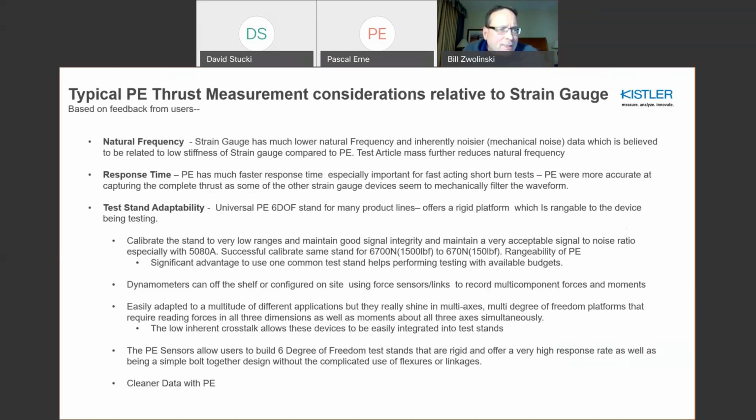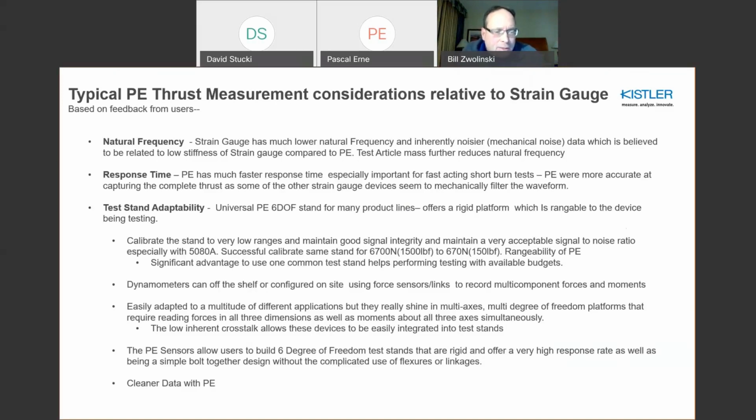And then obviously test stand adaptivity is really the other one, because piezoelectric is a rangeable system. You can configure it. One test stand can be configured for a multitude of test articles. So it can be calibrated for each range. We talked about full and partial range calibrations. We talked about building up dynamometers, so it could be a force link dynamometer.